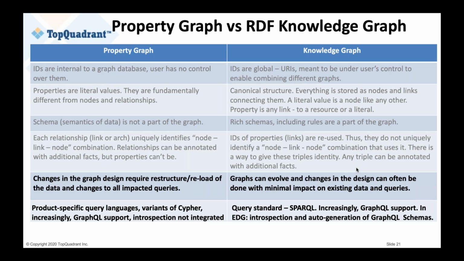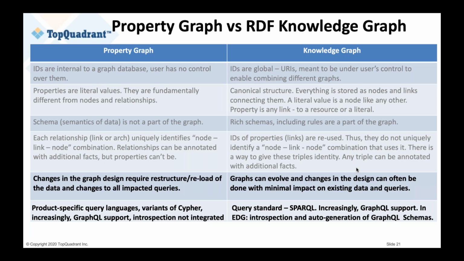And increasingly, more and more vendors support GraphQL because it's been so popular, and it's very commonly used to build applications that take advantage of knowledge graphs. Because the models are stored in the graphs themselves, it's fairly easy to do introspection, auto-generate GraphQL schemas, etc. At least that's what we do in TopBraid EDG.